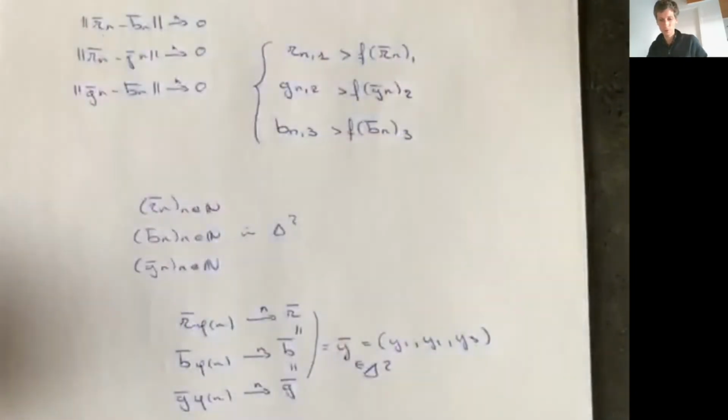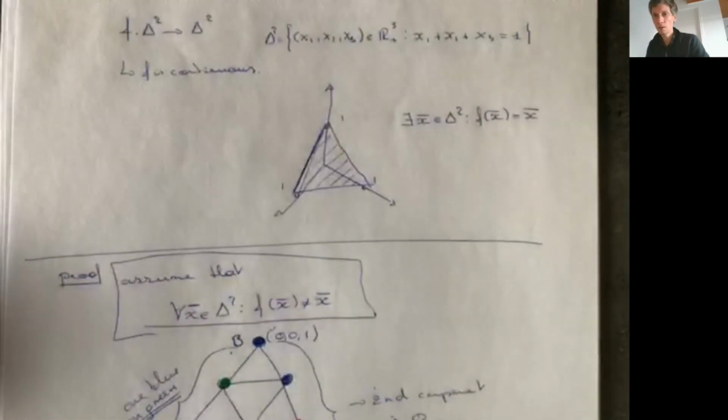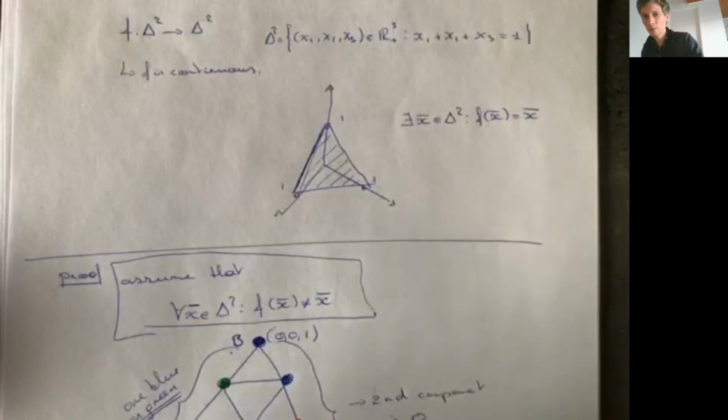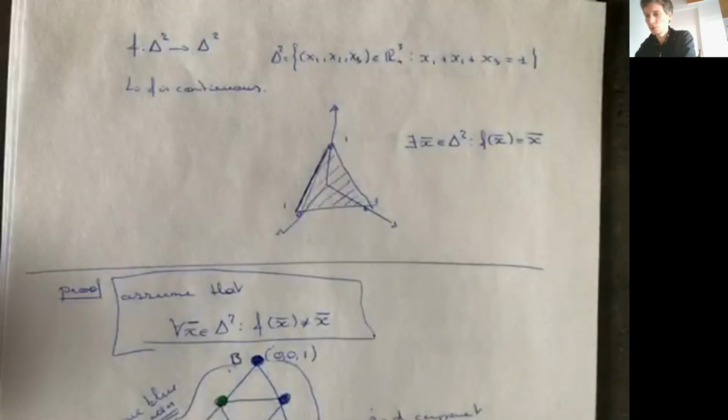Okay, so this was the proof of Brouwer's fixed point theorem for delta 1 and delta 2. And then we can knead these sets delta 1 and delta 2 into other shapes by continuous transformations, and then the fixed point result still holds for continuous functions on these reshaped domains, should I say. Okay, thank you for watching.